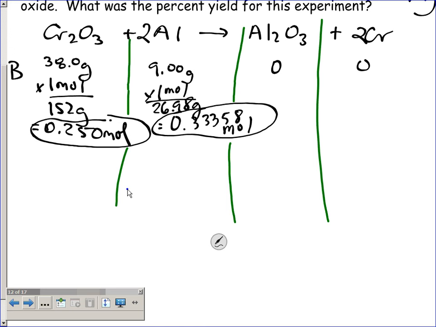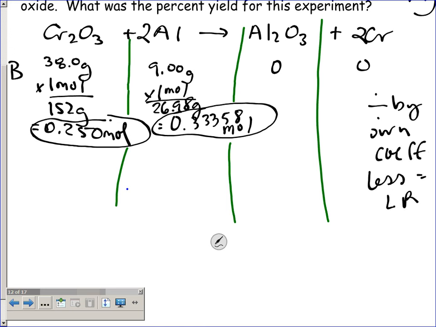Whichever one is less is then the LR. So: divide by own coefficient, and then less is the LR. That's the trick, and you can just do that in your head.